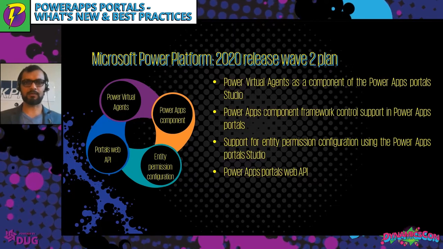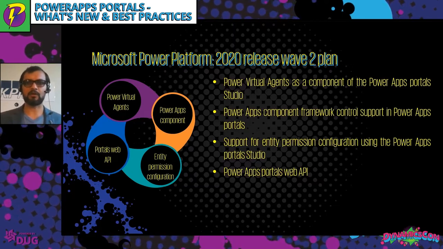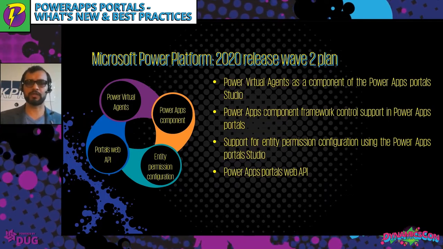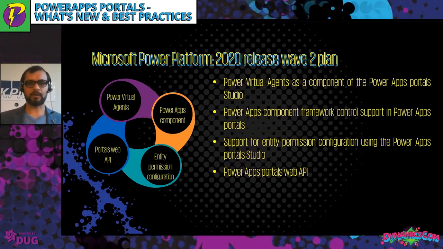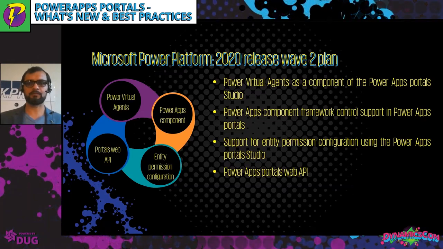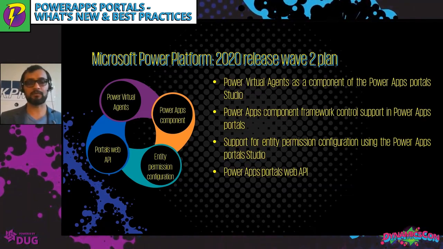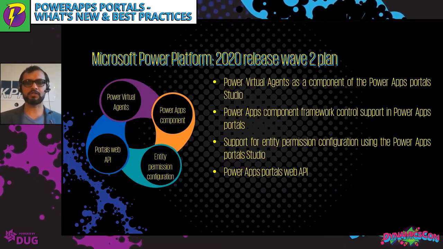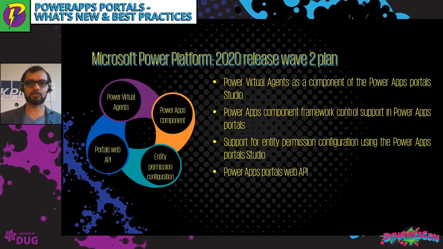The first one is Power Virtual Agent as a component of the Power Apps Portal Studio, and the public preview was in November 2020. Then the Power Apps Component Framework control supported in Power Apps portals, with public preview available in March 2021. Support for entity permission configuration using the Power Apps Portal Studio, again with public preview due in March 2021.